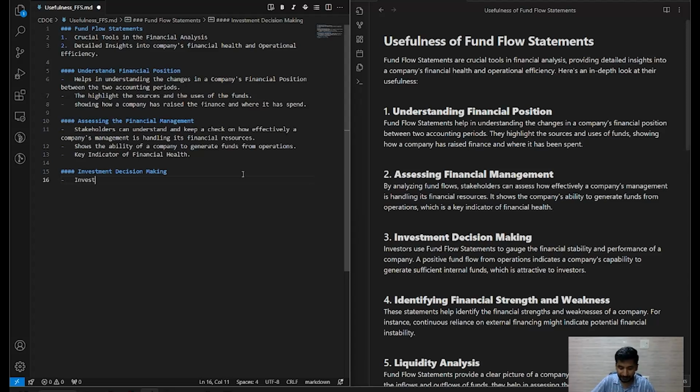So basically, investors use the fund flow statement to identify the financial stability and performance of the company.